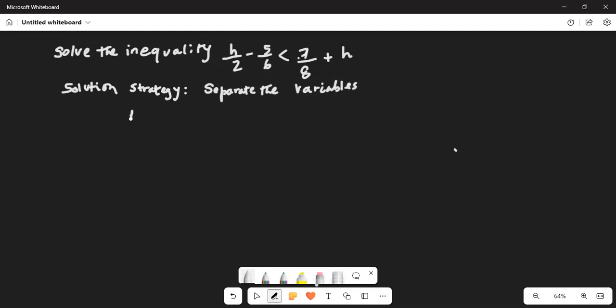So we have h over 2 minus 5 over 6 less than 7/8 plus h. This is the original inequality.